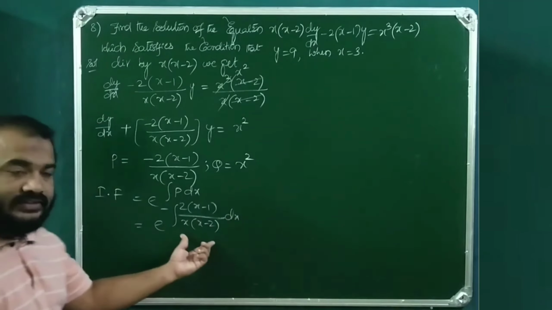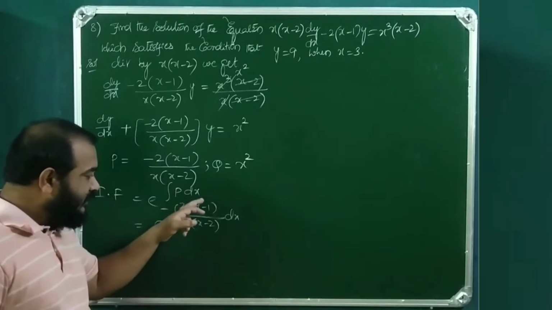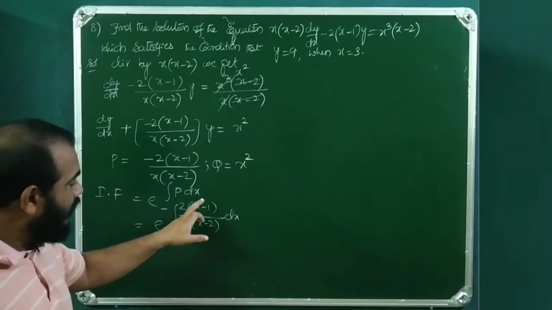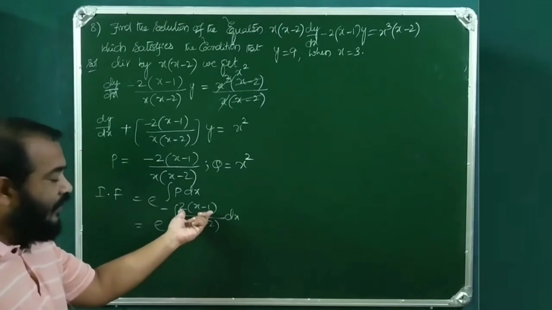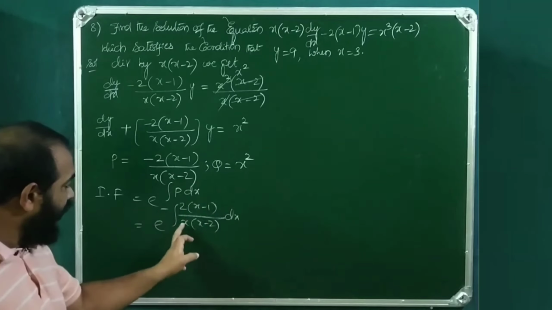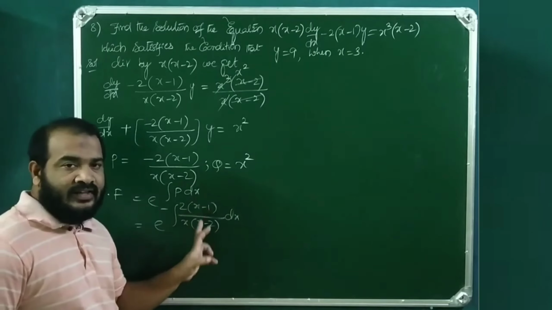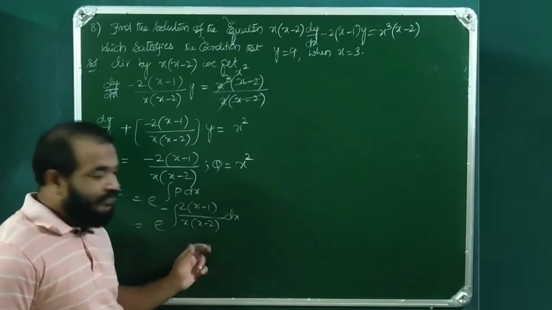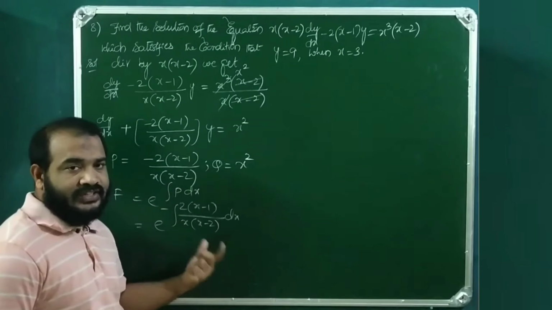So to solve this, let us consider this separately. Since it's a fraction where the degree of the numerator is 1 and the degree of the denominator is 2, the degree of numerator is less than that of the denominator, therefore this is a proper fraction. Partial fractions can be applied.